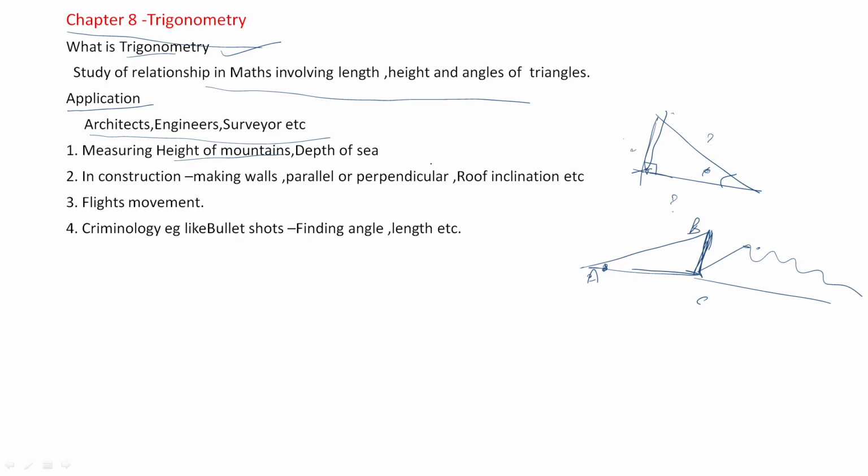While constructing walls or roofs, if you know the angle the roof should have, we can find out this length. Likewise, if a ship is observed from a distance, we can find at what point the ship is coming. Many uses are there. When we are in that field, only then can we understand the real use of trigonometry. Right now for you it is just length, height and angles, but the real applications are many, which you can see also.